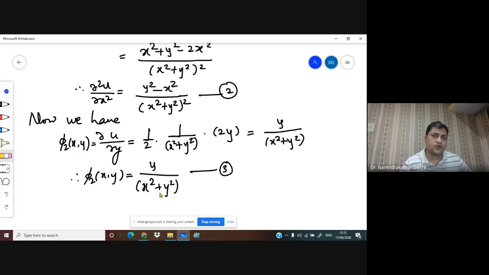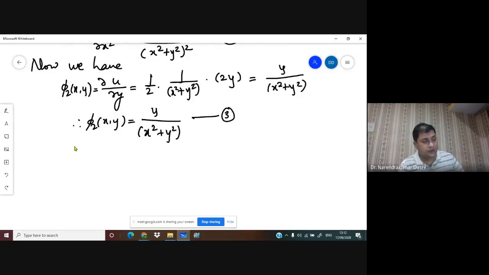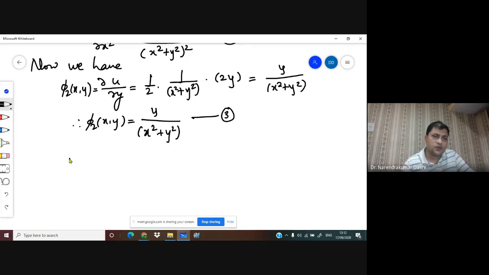Okay. So we got here the first order derivative of u. And now to prove this function as a harmonic, we need the second order derivative with respect to y. Hence we have del square u by del y square. So the derivative of this term with respect to y: this is x square plus y square, and the derivative is going to be 1.